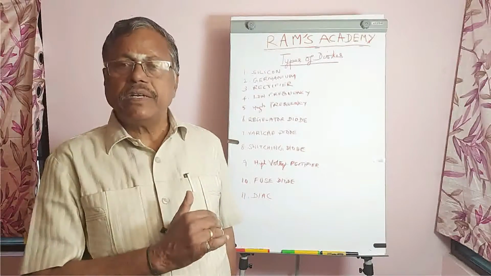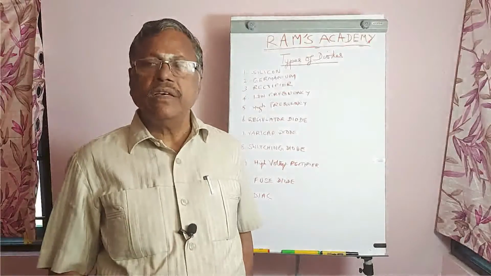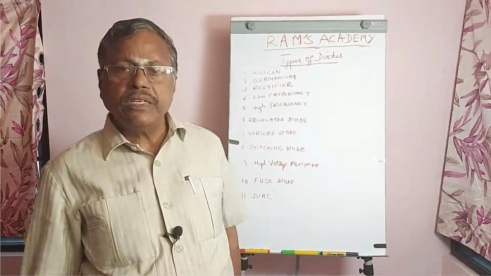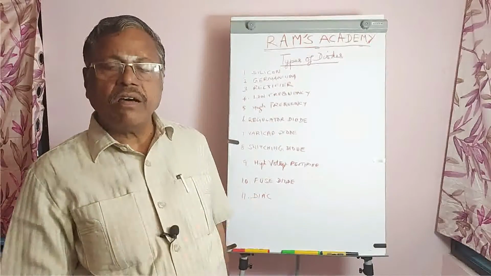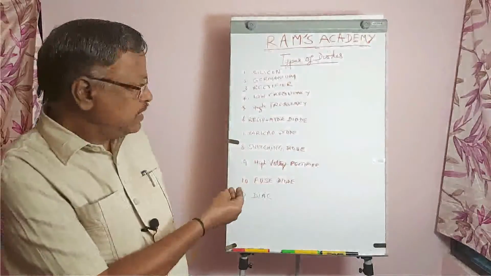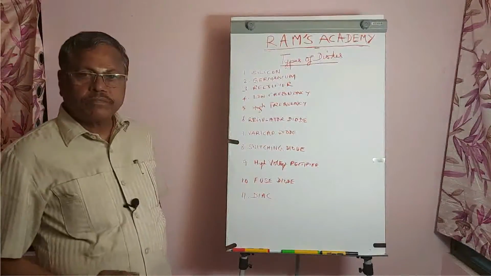The semiconductors which we normally use for manufacturing electronic devices are based on either silicon or germanium only. Therefore, let us go to the list. The first one is silicon.